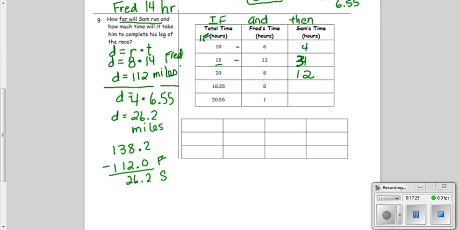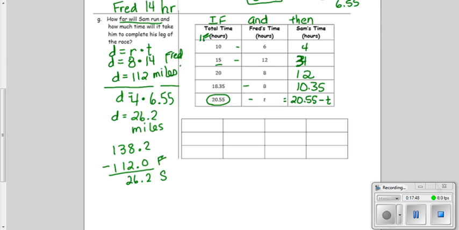Total 18.35 minus 8 hours is 10.35 hours. And this represents the total amount of time for the race minus Fred's time, and that will equal Sam's time. So that is represented 20.55 minus t.